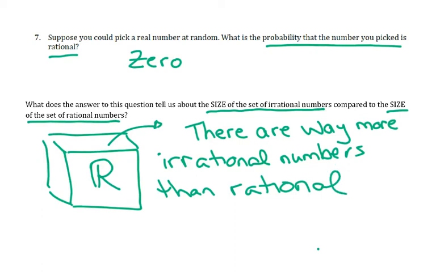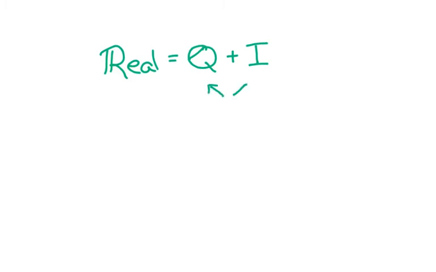Now that is a strange concept because you have these real numbers and they're made up of the set of rational numbers together with the set of irrational numbers. And there's no overlap.